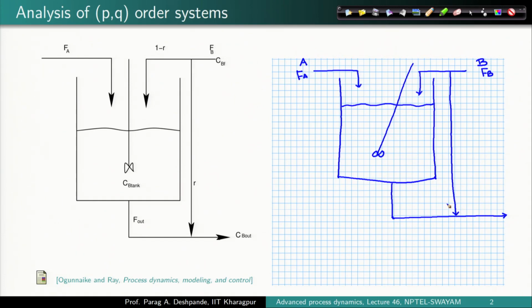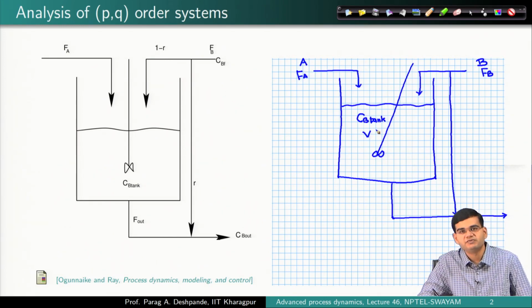Now we are mixing A and B. For this particular problem we would be tracing the concentration of B. Let the concentration of B in the tank be C B tank. This is the concentration of B inside the mixing tank. We would assume a constant volume of the system, so we have the notation V, which denotes the constant volume of the liquid inside the tank.